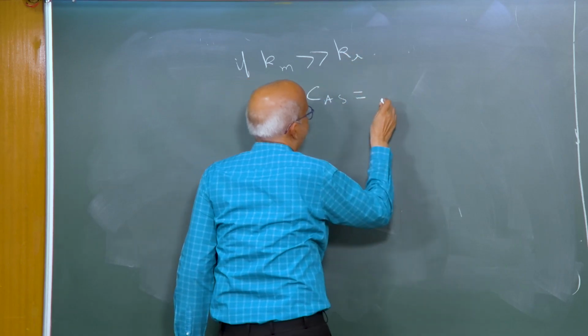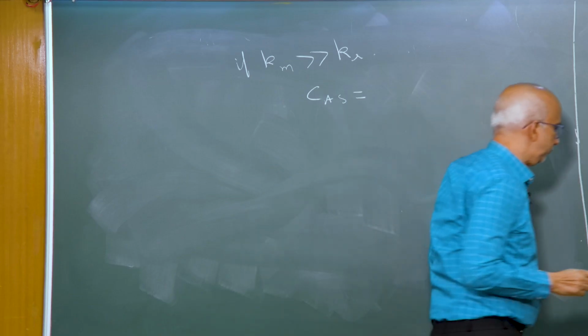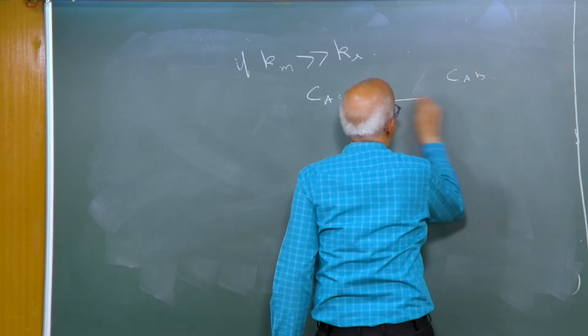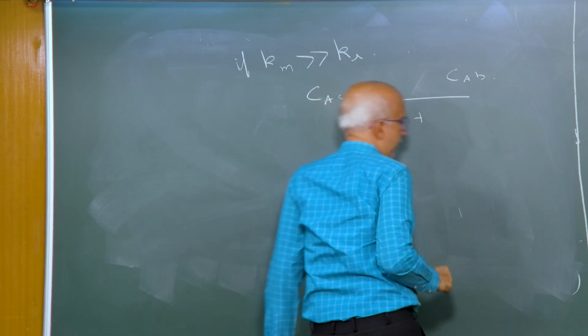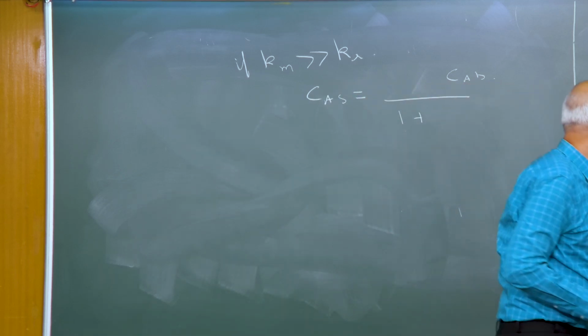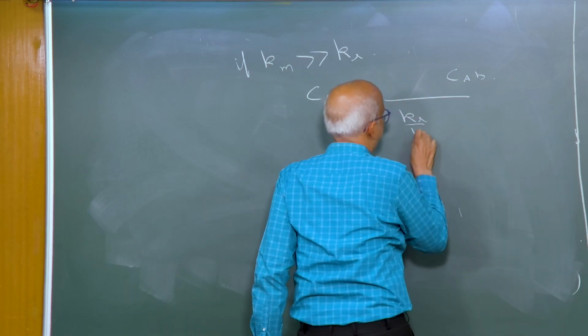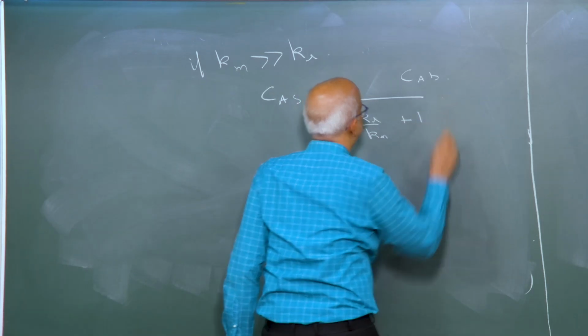I can write CAS as CAB divided by 1 plus Kr by Km.